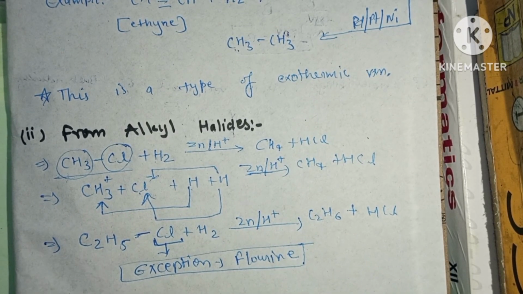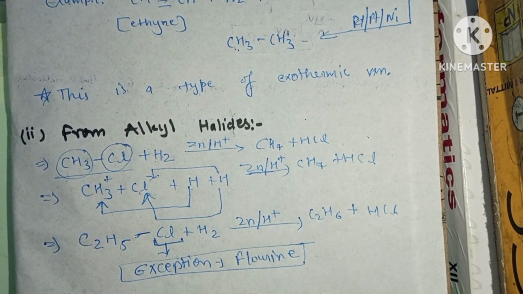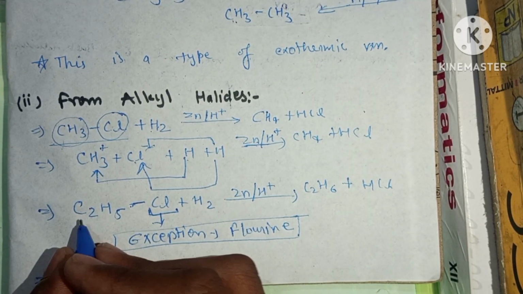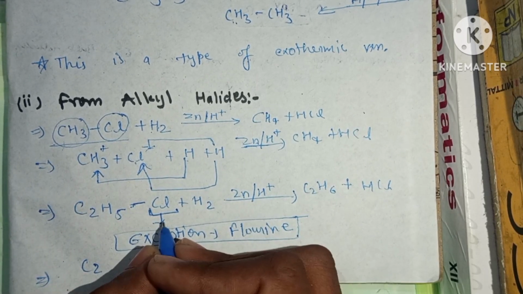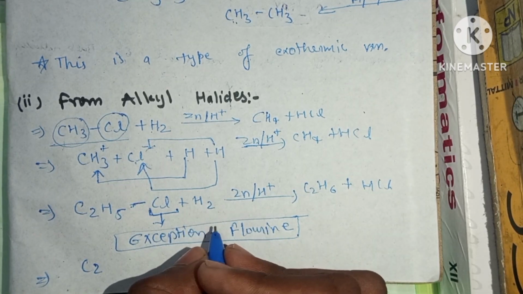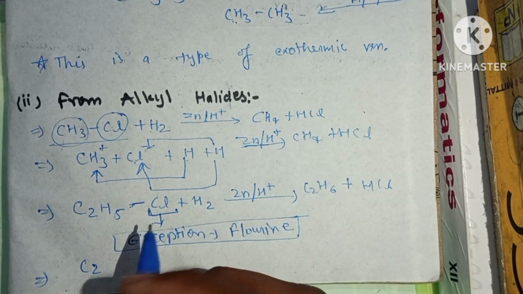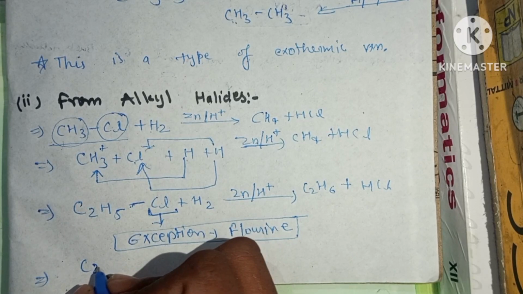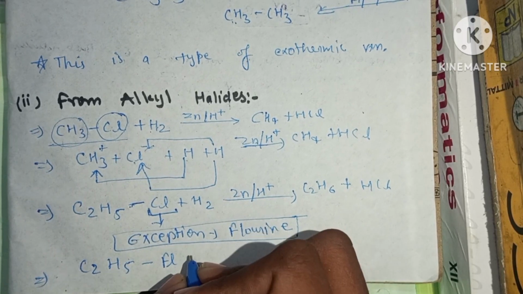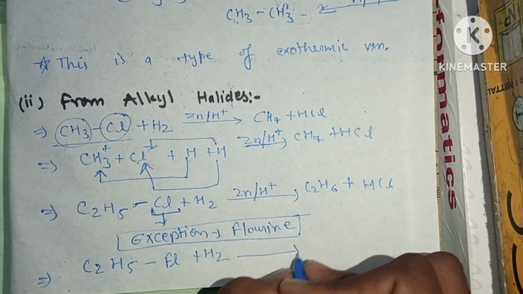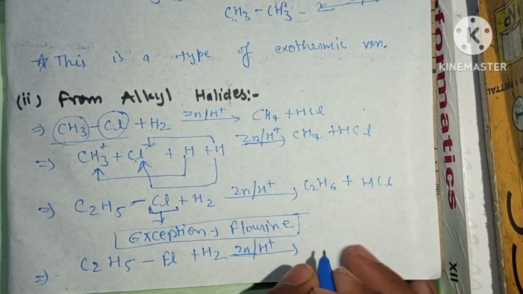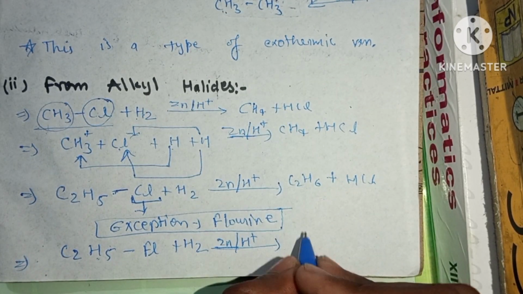Fluorine is very electronegative, so it will make a very strong bond with C2H5, or any alkyl group. Fluorine will form a very strong bond with the alkyl group, so we take C2H5F and H2, so Zn plus H plus. This is the catalyst used in this reaction. So this will not reduce to any product.